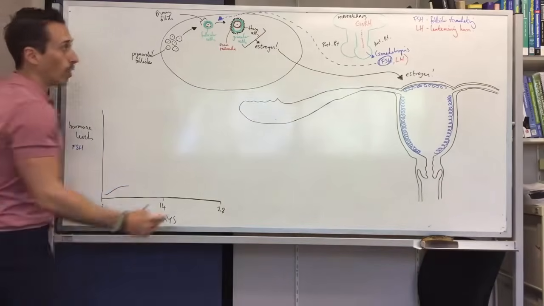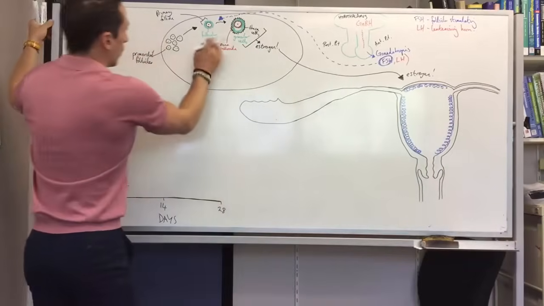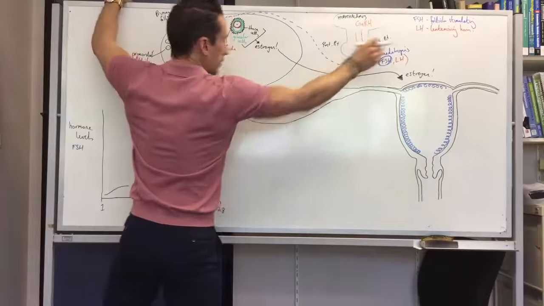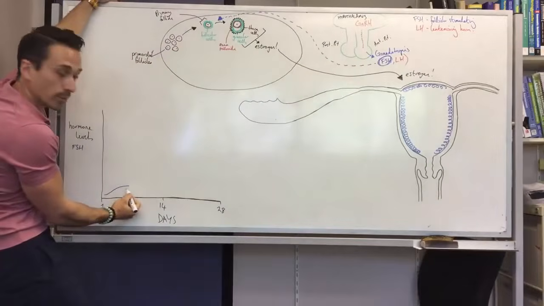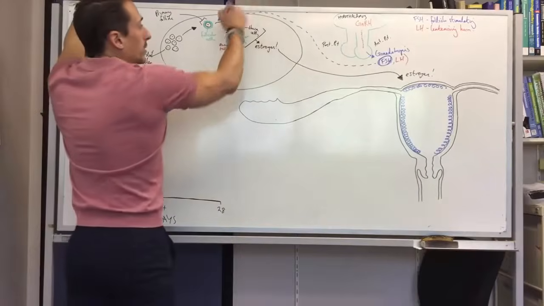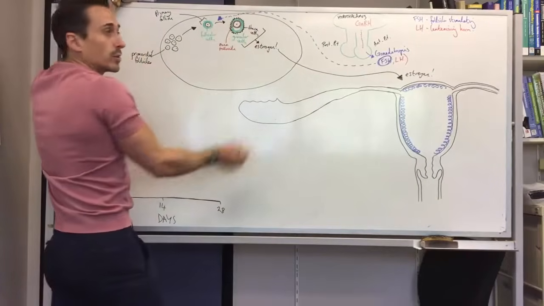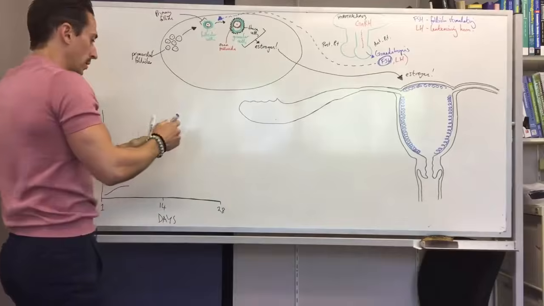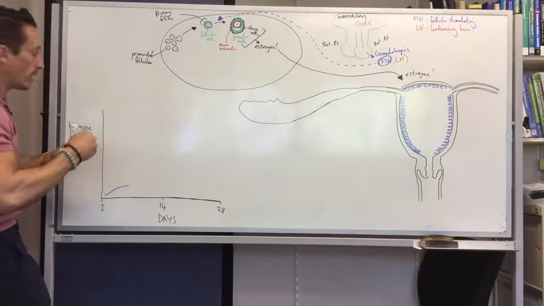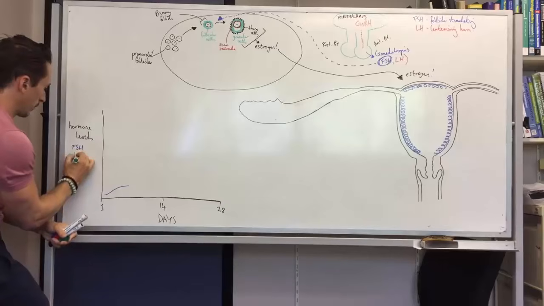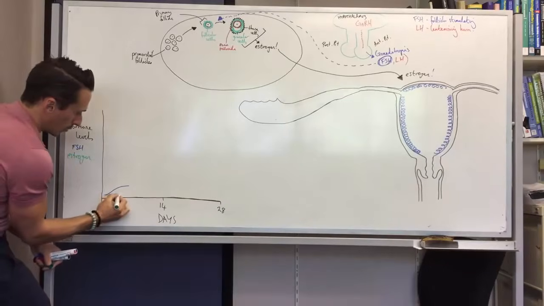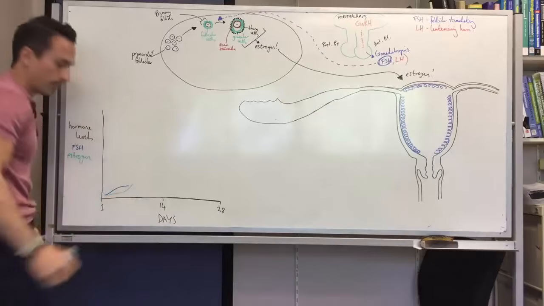Okay? Why? Well, because once this primary follicle wants to turn into secondary, we need FSH to be released, and it's happening a couple of days after day one, starting from day one and moving forward. Once this has happened and we produce secondary cells, estrogen's being released, so let's write estrogen in green. Estrogen starts to release and starts to go up.